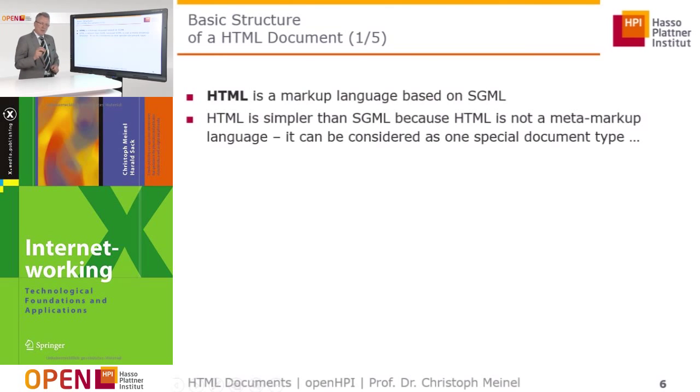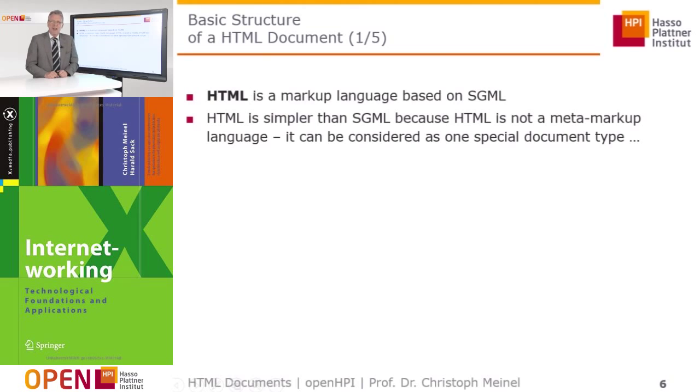And when we have a more detailed look, we see that HTML is much simpler than SGML, because HTML is not a meta markup language. HTML can be considered as one special document type.